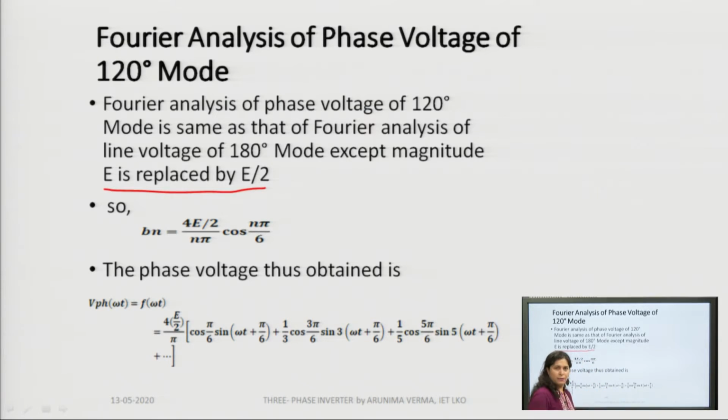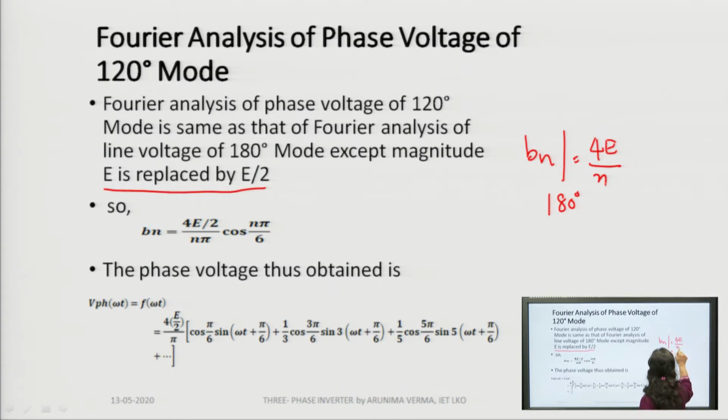Replace everywhere, whatever calculations you have done for 180° mode, you just have to replace the magnitude of E with E by 2, and you will get all the calculations related to phase voltage of 120° mode. So, Bn for 180° mode, as I already calculated, was 4 E by n pi cos n pi by 6, right.